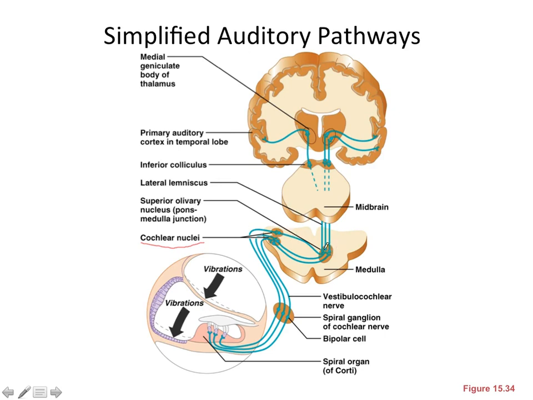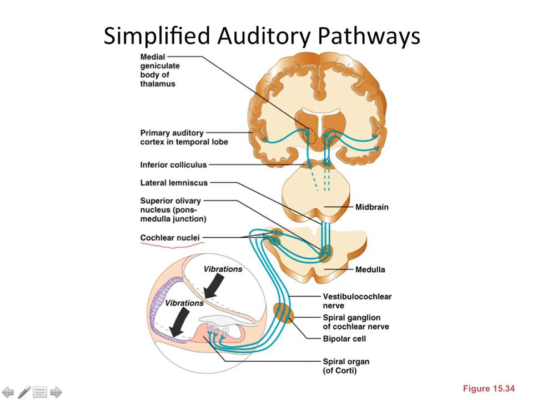From here, the axons of the nucleus will travel upwards to the midbrain, to the inferior colliculus, and can also send axons to the contralateral inferior colliculus.